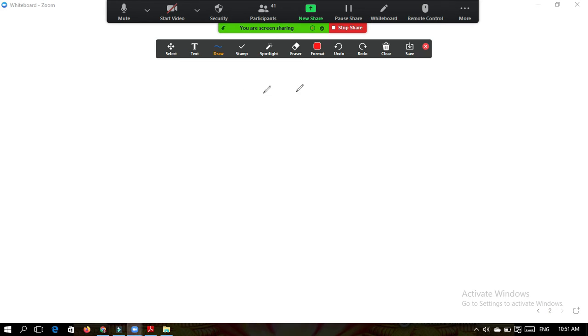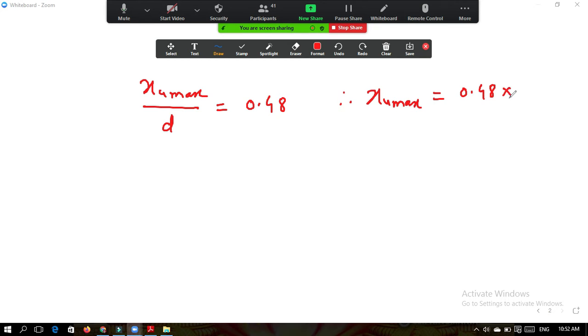So if I move further, now XU is less than DF, then XU max by D ratio for Fe415 it is 0.48. Therefore, XU max is equal to 0.48 into D. What was the depth given to you? 450.